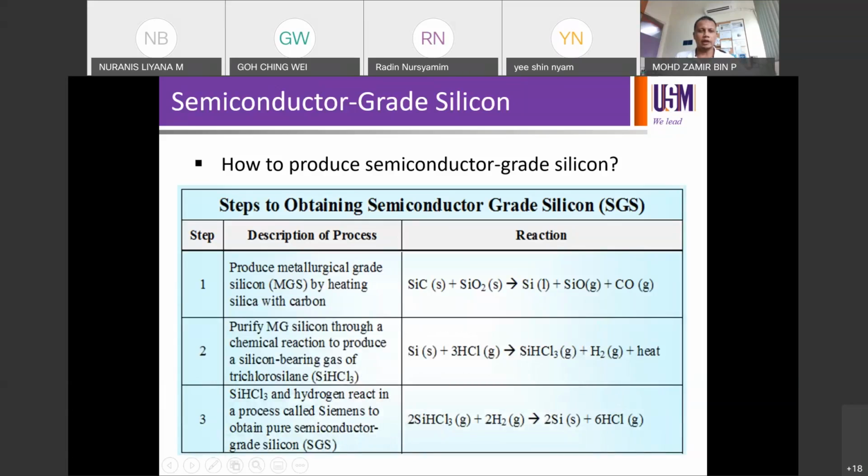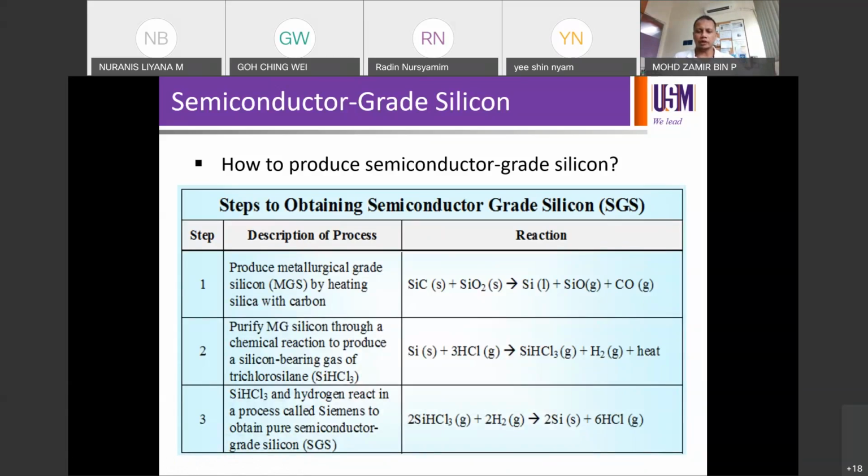So there are 3 steps required for us to produce silicon or a semiconductor grade silicon of 9N purity. The first one is called the carbothermic reduction process, where you can see the reaction there for row number 1.